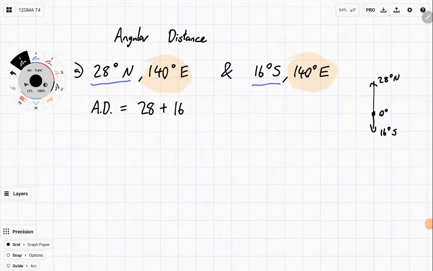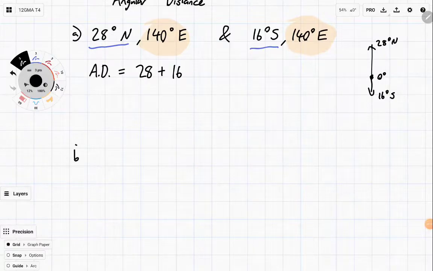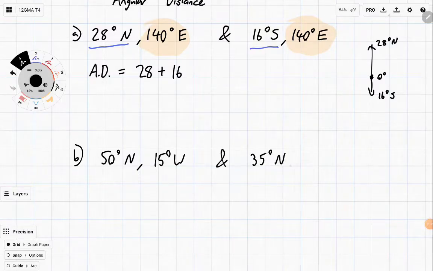Alrighty. Let's look at another one and see if we can notice some patterns. Imagine in this case we had 50 degrees north, let's just do 15 degrees west, and we'll say 35 degrees north and 15 degrees west. So once again, we've got this match.